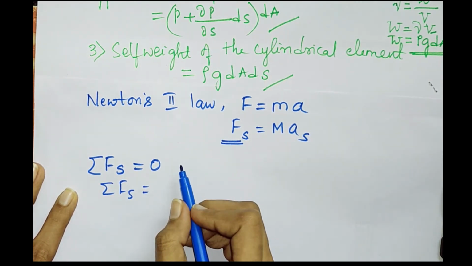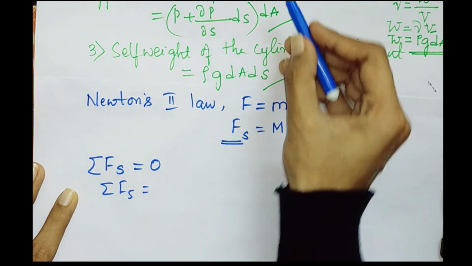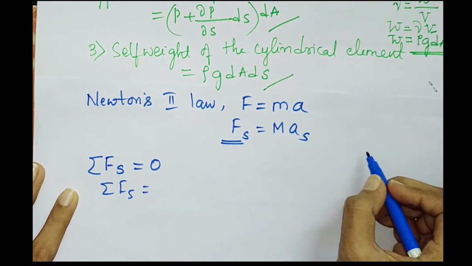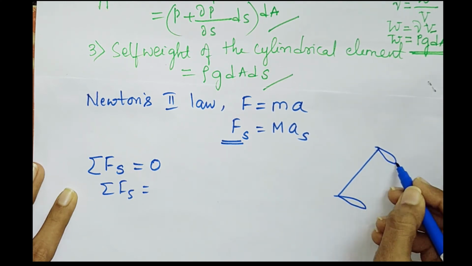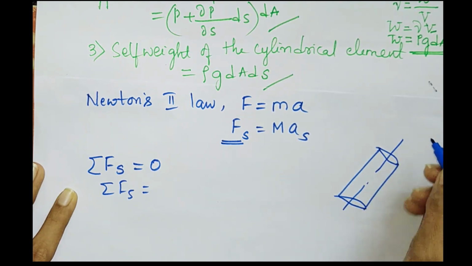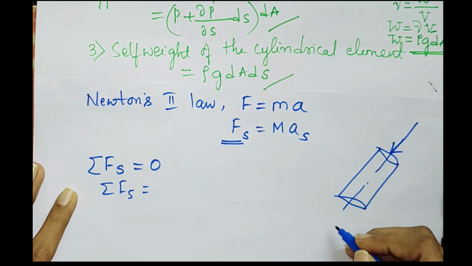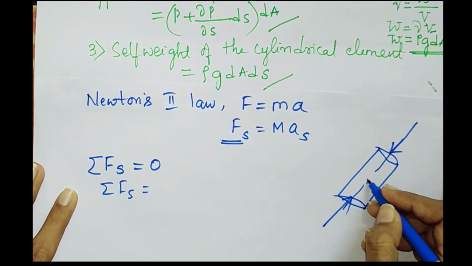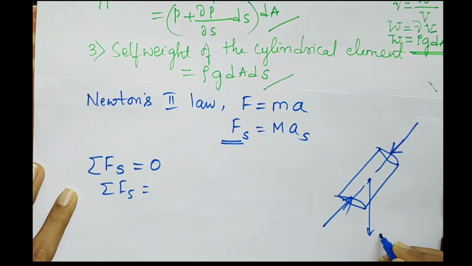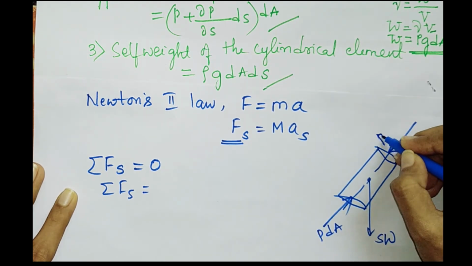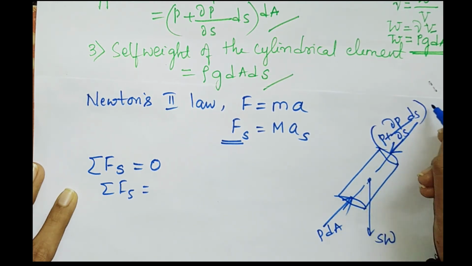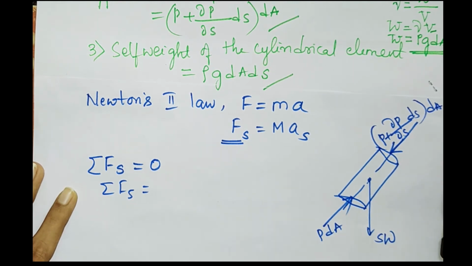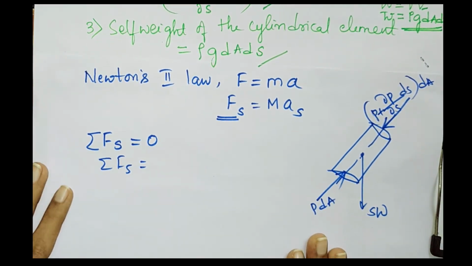One is the pressure force which acts in the direction of flow, then in the opposite direction the pressure force (P + ∂P/∂s ds) dA, and the self weight. So these are the three forces acting on the cylindrical element.